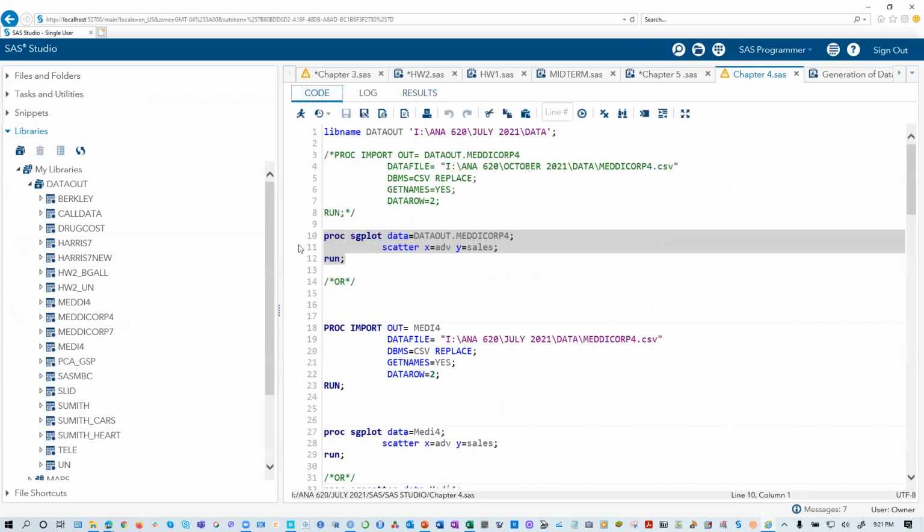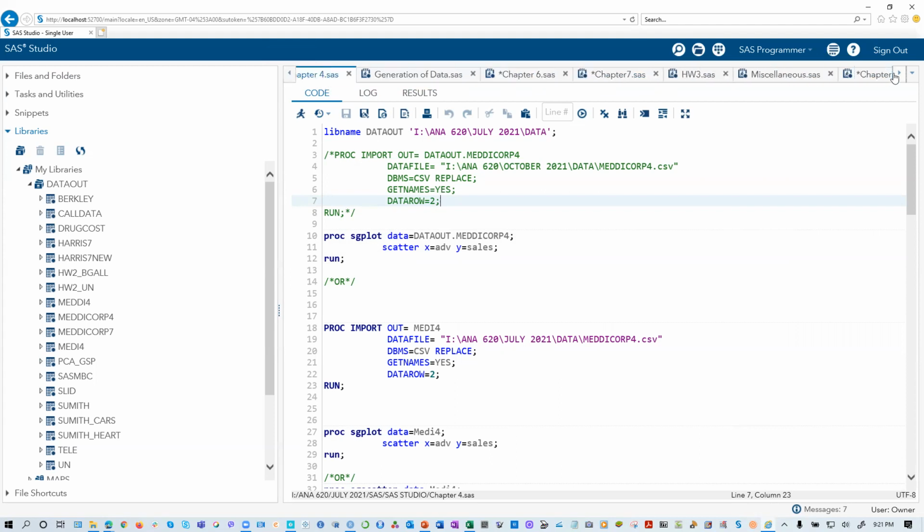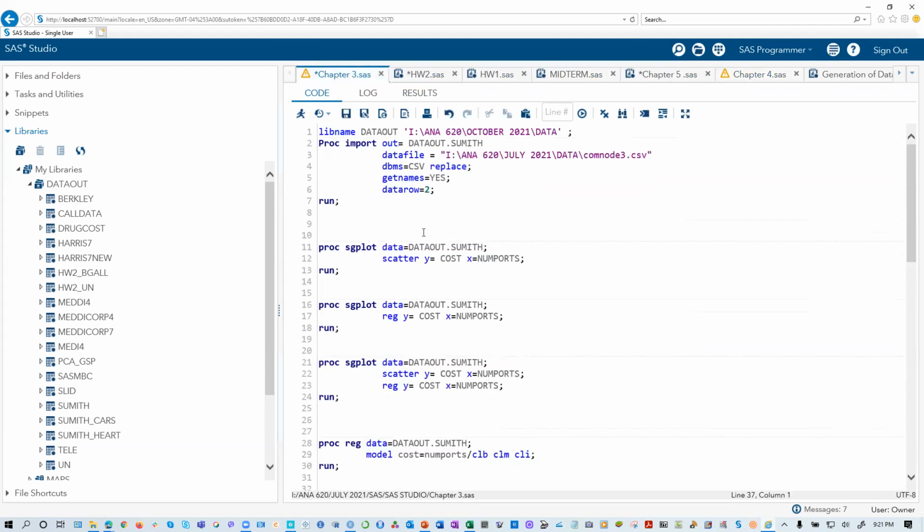You can do that, sales versus advertising. See, look at. I neglected going through this route. Look at what I did in chapter 3. Here, I wrote all these. You don't need that.